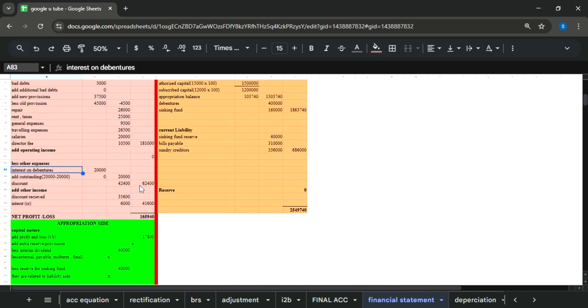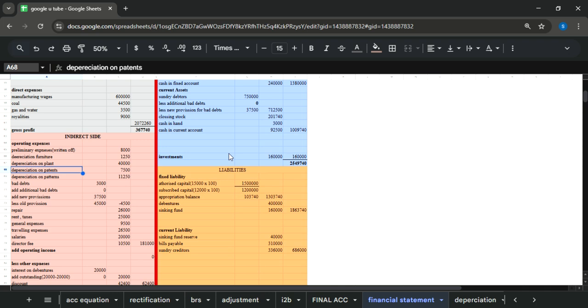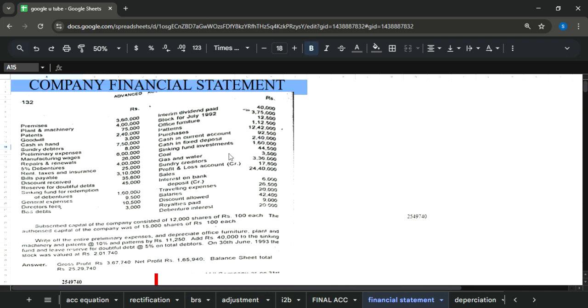This balance was transferred to the liability side and we got our liability side, then the asset side. So guys, in this way our question has been completed. Although it looked like a small question, it took a considerable time, but at least we have solved it.